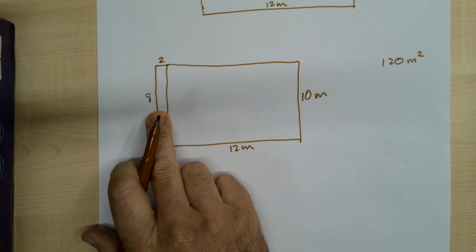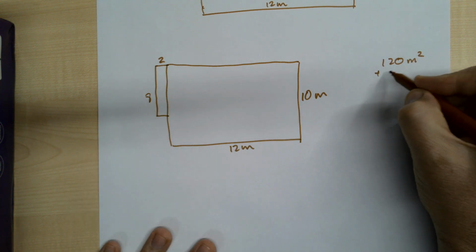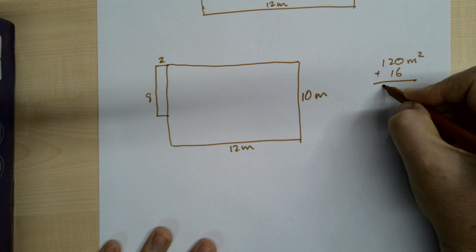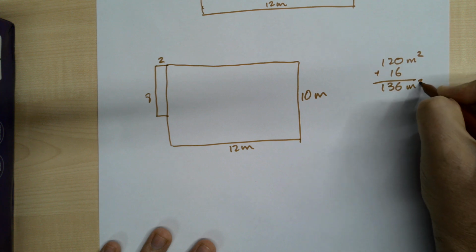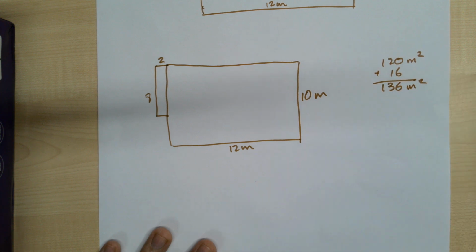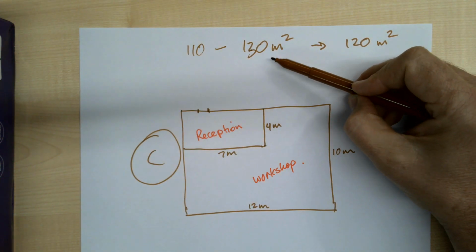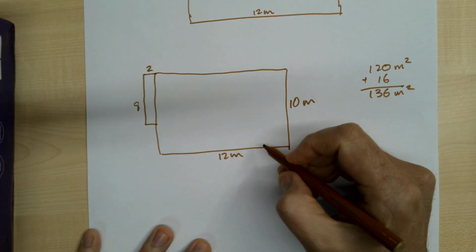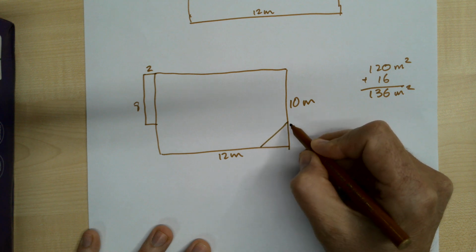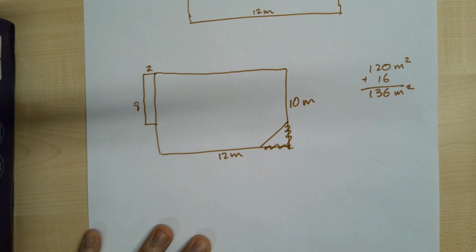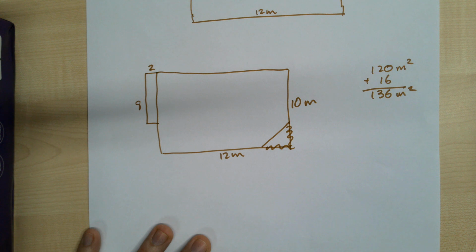So what's that? That's 16 square meters. That's now 136 square meters. Well, that's gone over my 130. So we're going to carve some off. What if I did that? Just carve the chunk off there, and that would bring it back down, hopefully below 130.